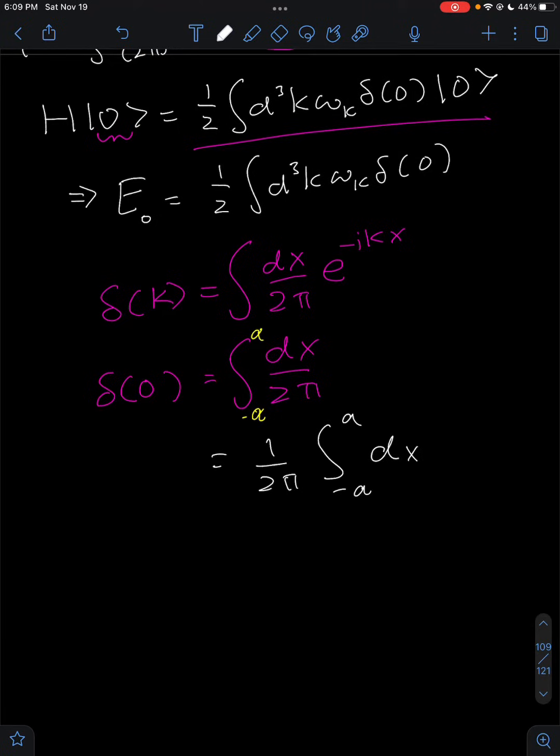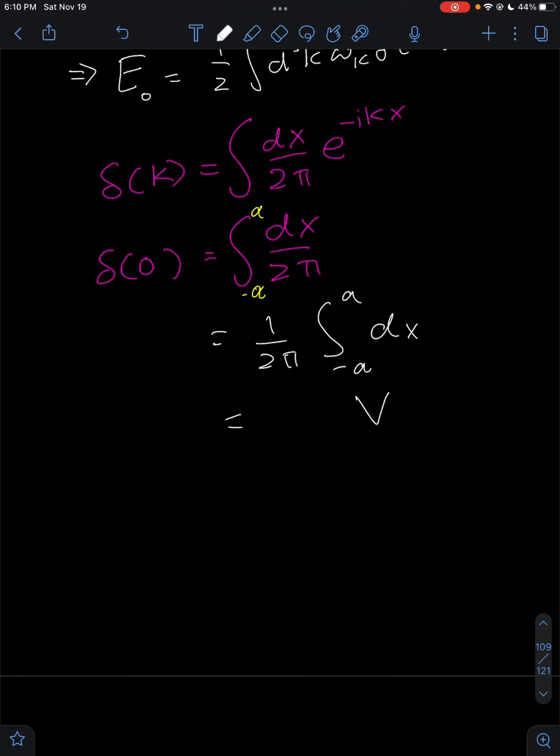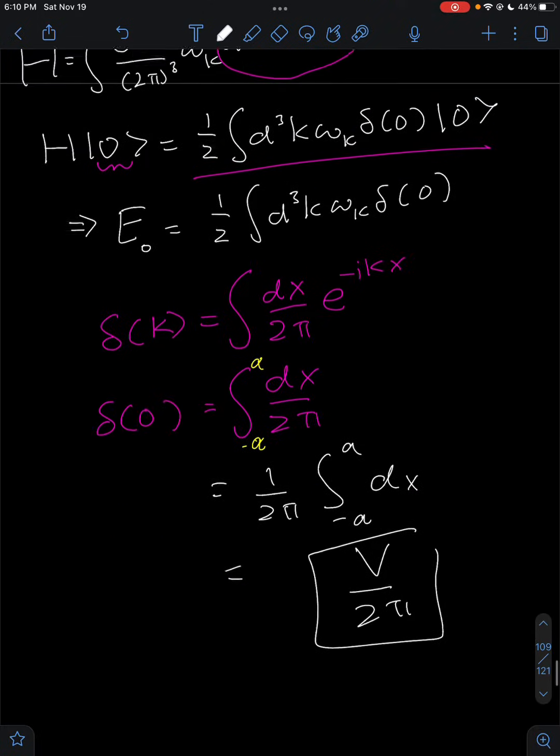That's going to give us some finite volume. We're going to call that volume V, which is alpha plus alpha, so just 2 alpha. But we're just going to call it V as a shorthand. So this is going to end up giving us V over 2 pi. That's how we remove that infinity there.